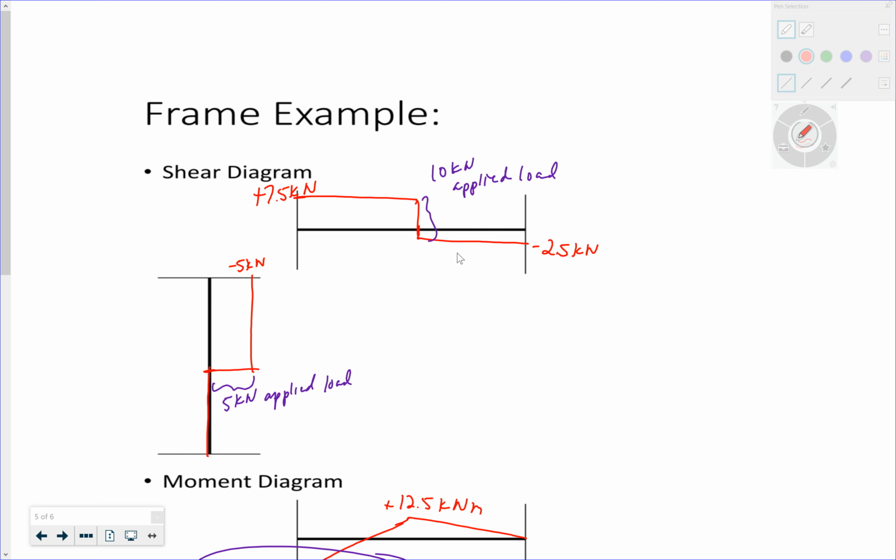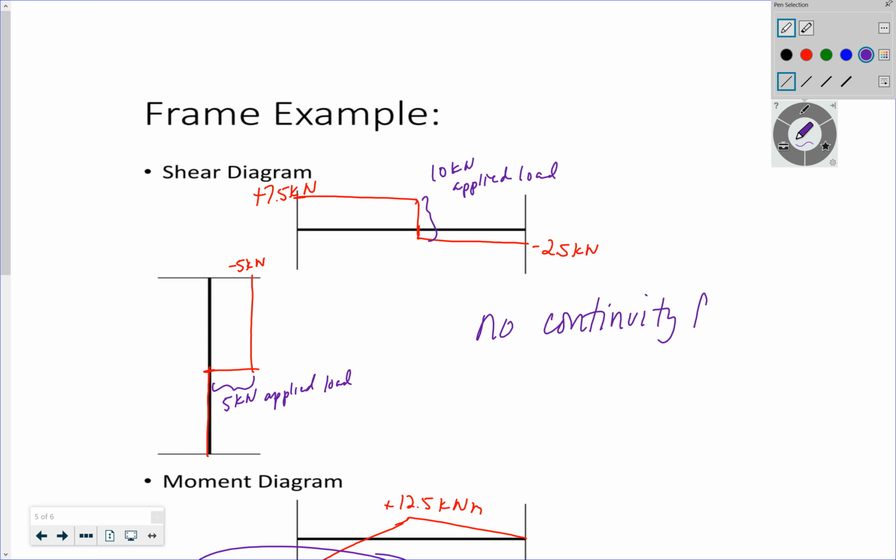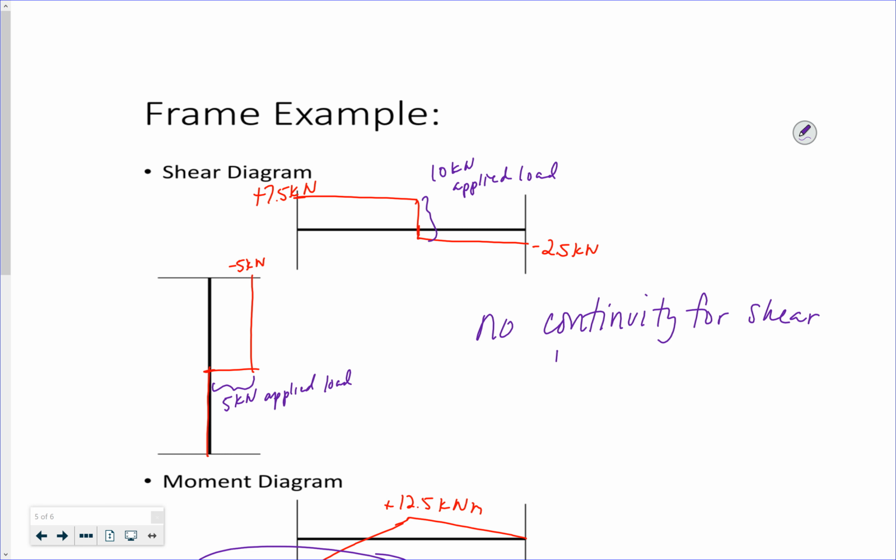So that is how you do shear and moment diagrams. Axial in your column is shear in your beam, and vice versa.